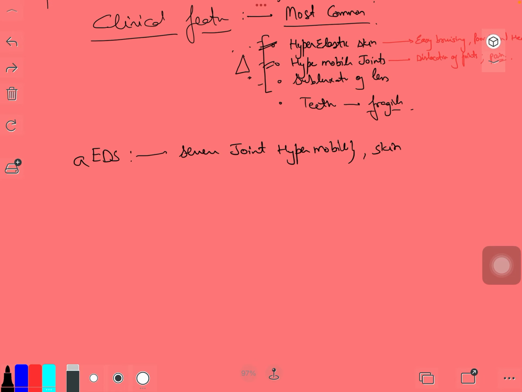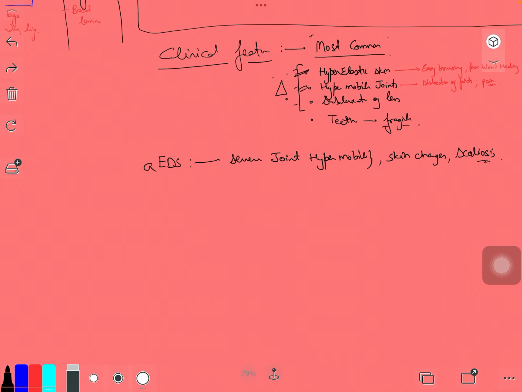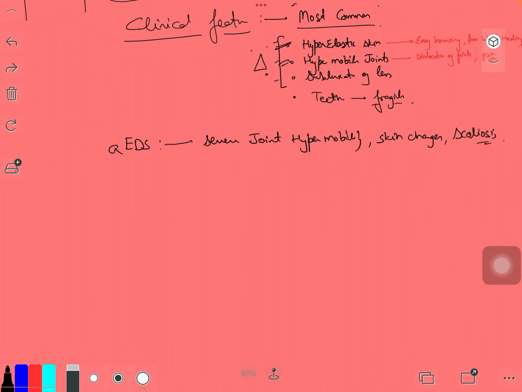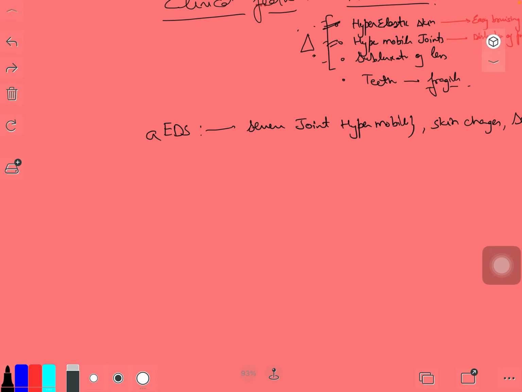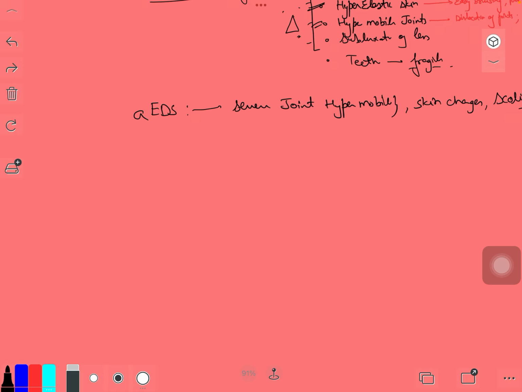Skin changes will have bruising. There will be blue coloring of the skin on pinching. Skin can even tear, beyond the limit, of course. So in skin changes, bruising, and scoliosis in the vertebral column, also vertebral disc. Chronically, the patient can have scoliosis, kyphosis, or even lordosis, right? Provided some other things, the posture of the patient, and so on.